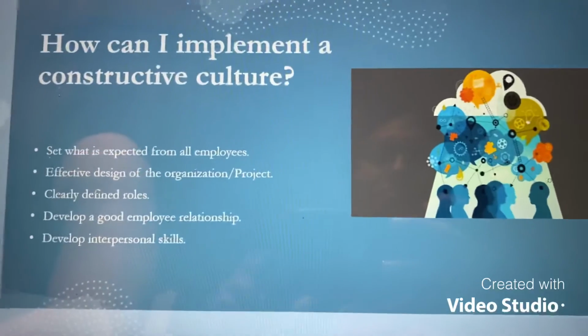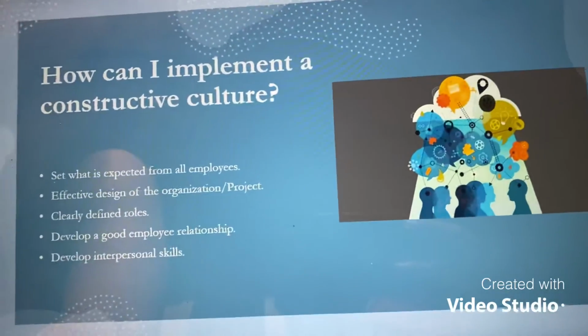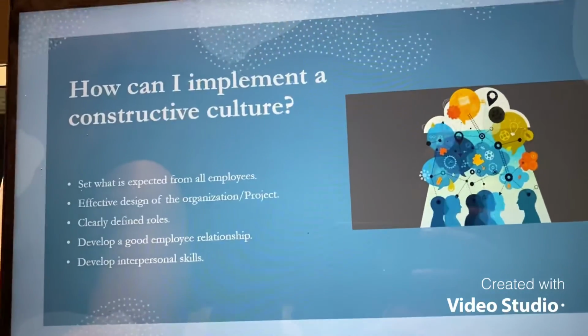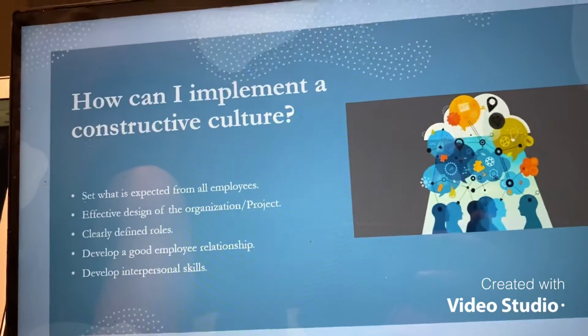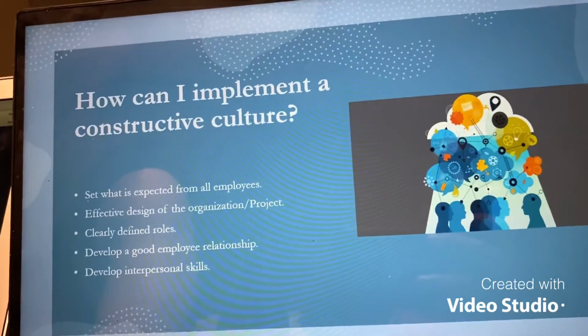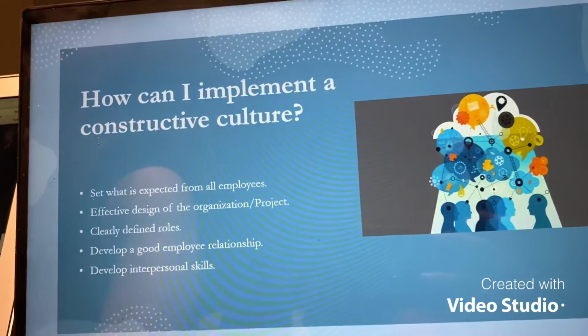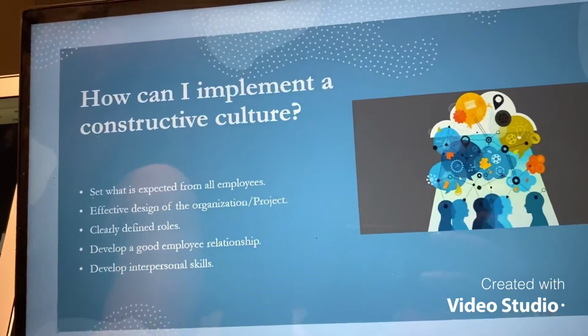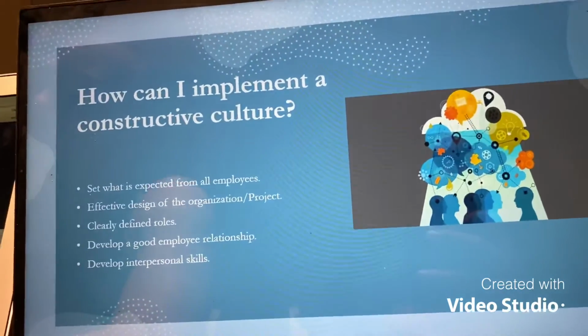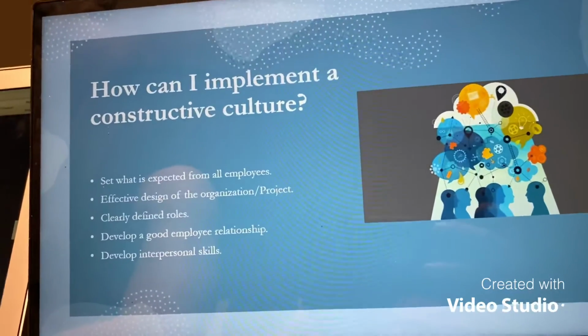Effective design of organization. As a leader, it is essential to implement an organization design that is shared, and all individuals understand their accountability and authority. Moreover, work should be organized and all milestones well set.